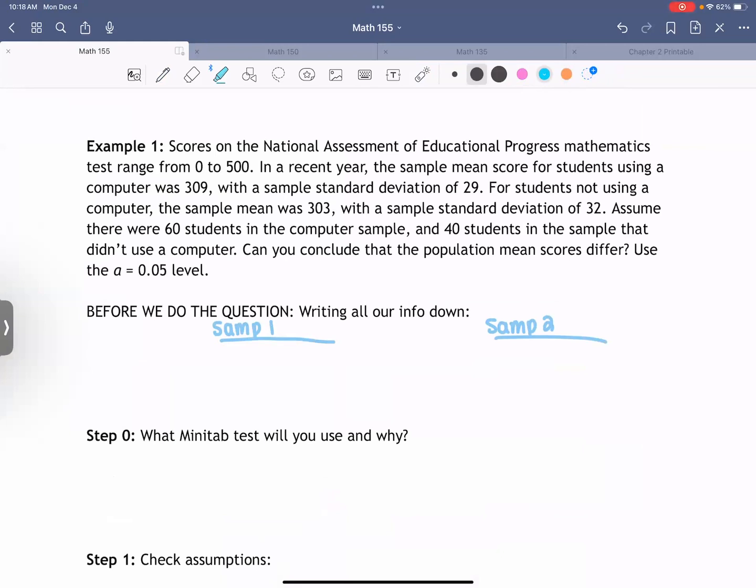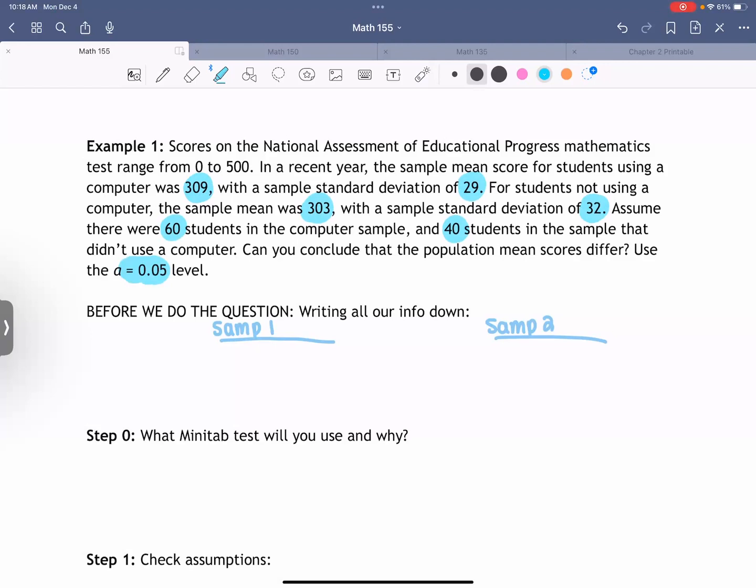In a recent year, the sample mean score for students using a computer was 309 with a sample standard deviation of 29. For students not using a computer, we have a sample mean of 303 with a sample standard deviation of 32. Assume that there were 60 students in the computer sample, 40 students in the not computer sample. I want to know if the population mean scores differ at the 0.05 level.